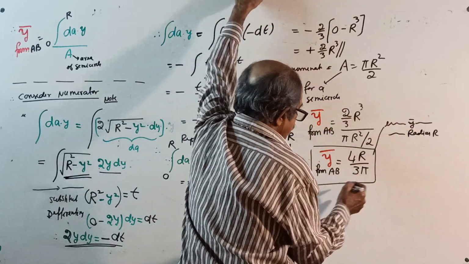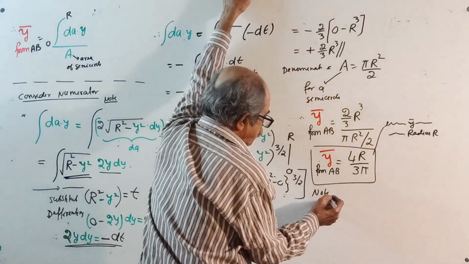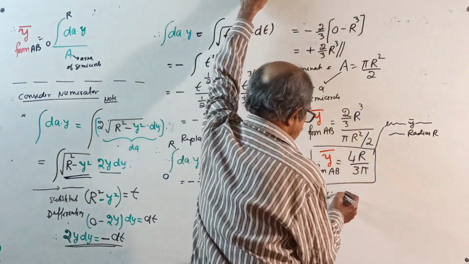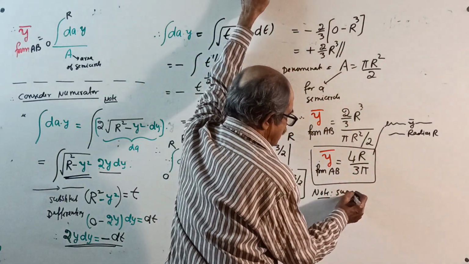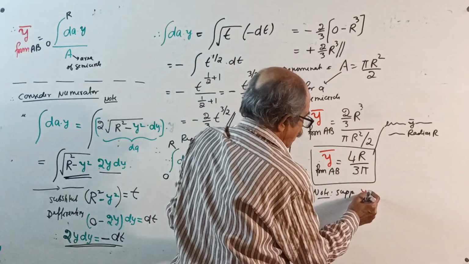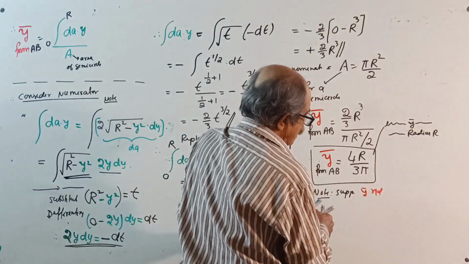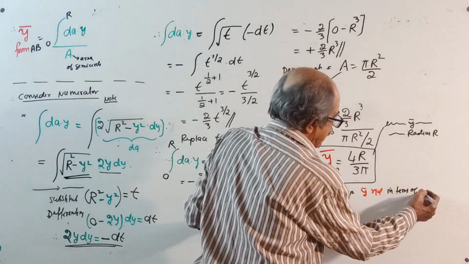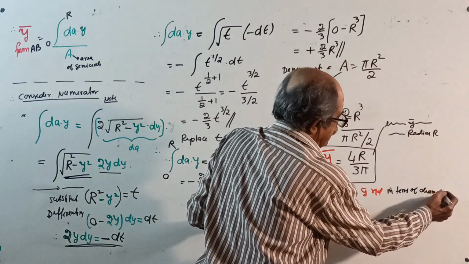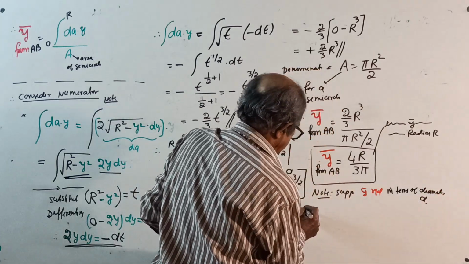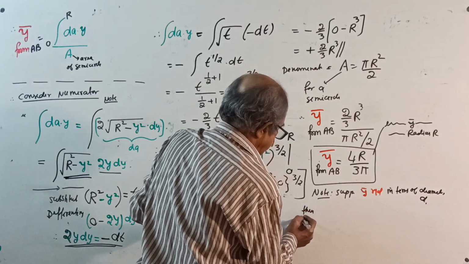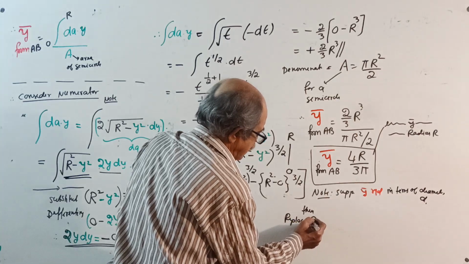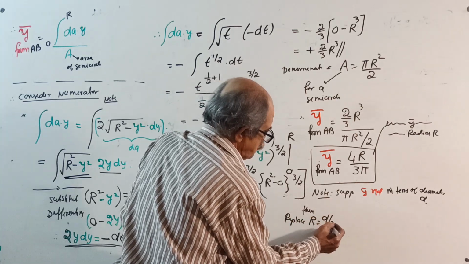Now, make a note here. Suppose the question is, if you want y bar required in terms of diameter d, then replace r by d by 2.